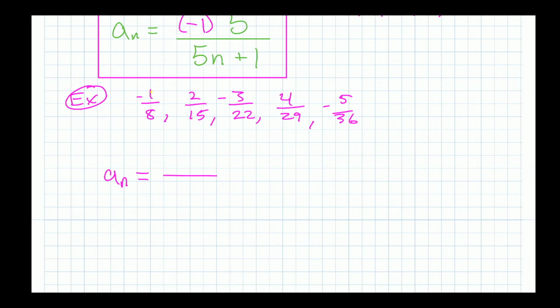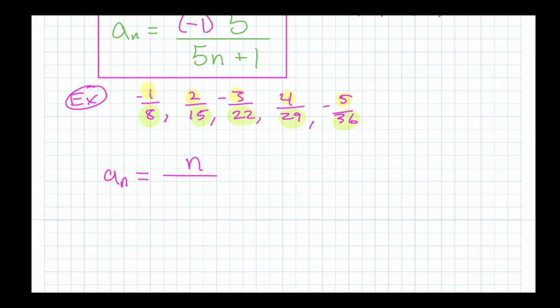Top is 1, 2, 3, 4, 5. Okay, I bet I can do that one. 1, 2, 3, 4, 5. That's n. All right. Now, in the denominator, though, the denominator is more complicated. It goes 8, 15, 22, 29, 36.